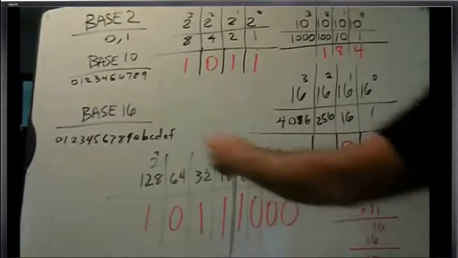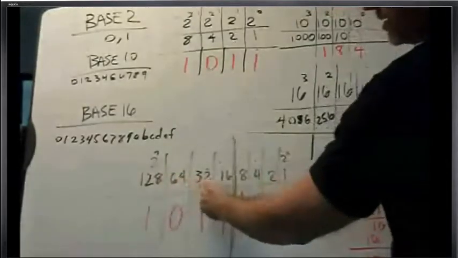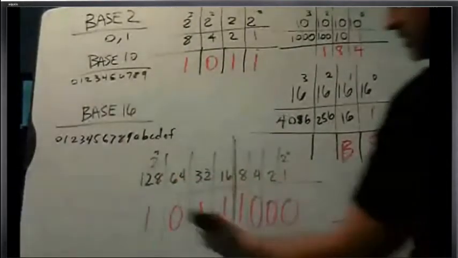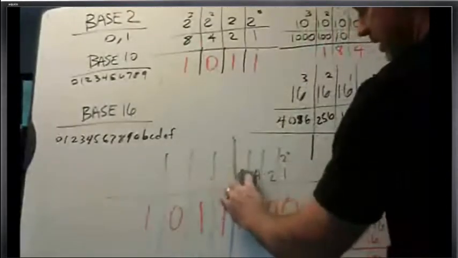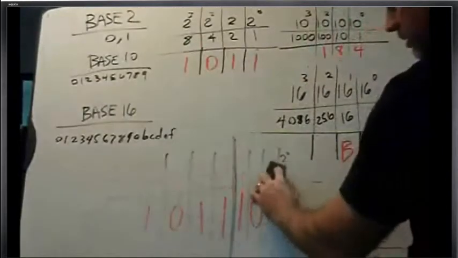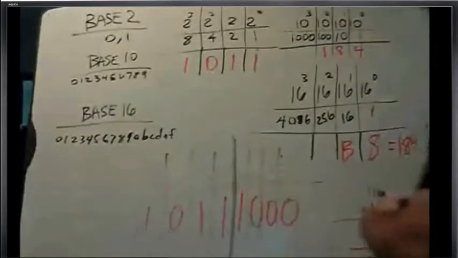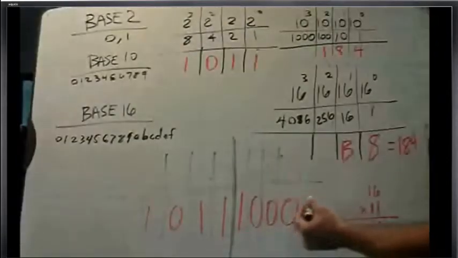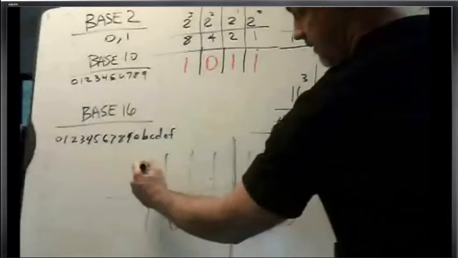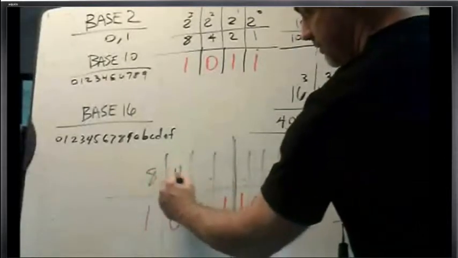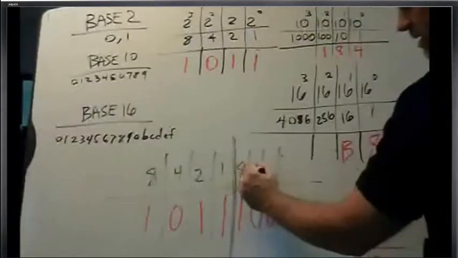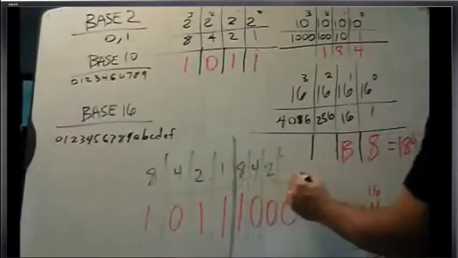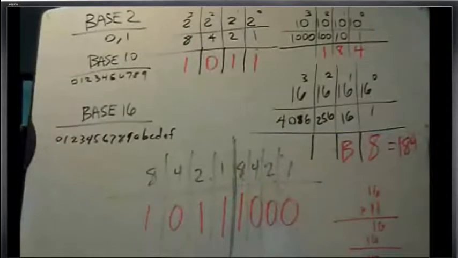So instead of being the 128's place, the 64's place, the 32's, the 16's, treat each 4 bits, even though we have 8 bits total, as 4 bits each. So this would be the 8's place, the 4's place, the 2's place, and the 1's place, and this would be the 8's, the 4's, the 2's, and the 1's place, right?